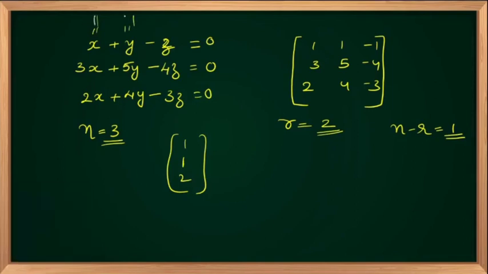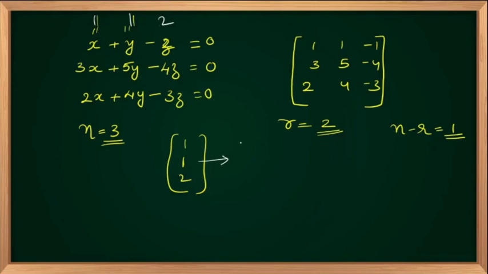Putting these in, 1 plus 1 minus 2 equals 0, 3 plus 5 is 8 minus 8 equals 0, 2 plus 4 is 6 minus 6 equals 0. Now, what I meant by an infinite set: if I have just one solution, any scaled value of this is also a solution.